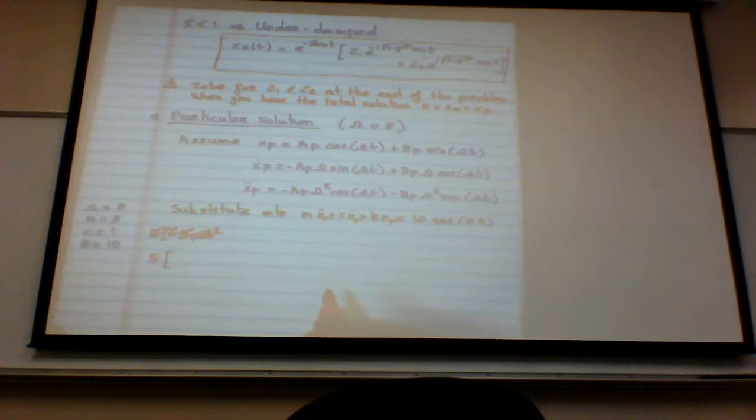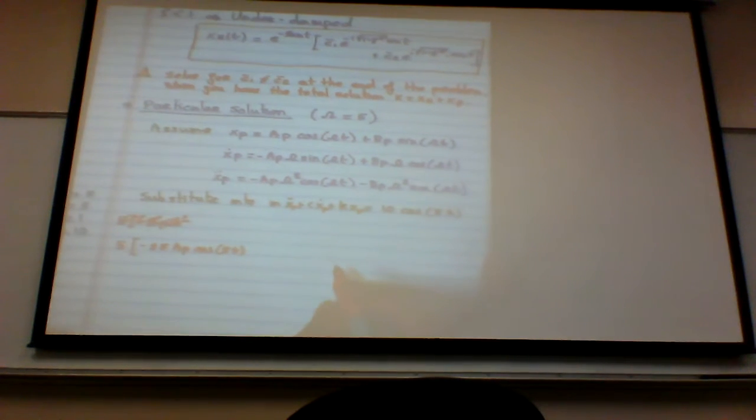Omega squared will be 25, no? Minus 25 AP cosine 5t, minus 25 BP sine of 5t.